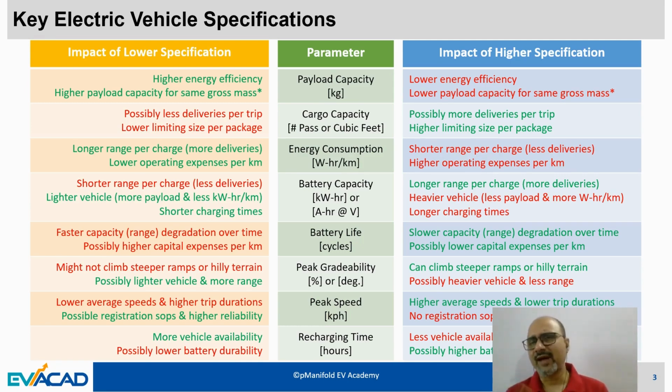Depending on the application, one metric may take higher preference over the other, but overall these two metrics of gradability are looked at. Then peak speed is basically the maximum speed of the vehicle. Some applications you won't care about it, in some it becomes very important, and in some you keep an eye on it so it isn't too low.